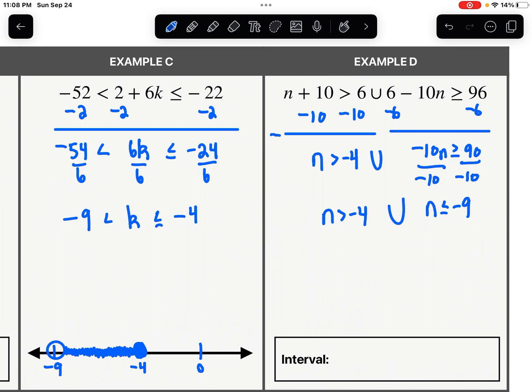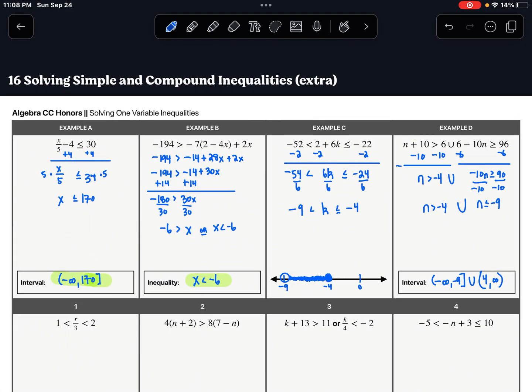So to put this in interval notation, we would want to go from negative infinity all the way up to negative 9 inclusive, or negative 4 to infinity not inclusive. And so those are examples of not only solving inequalities that are from Math 7, but also it shows you how you solve compound OR and compound AND inequalities.